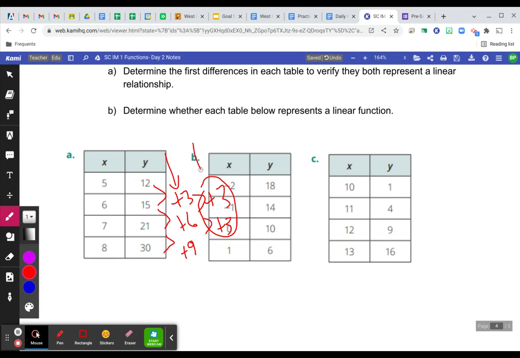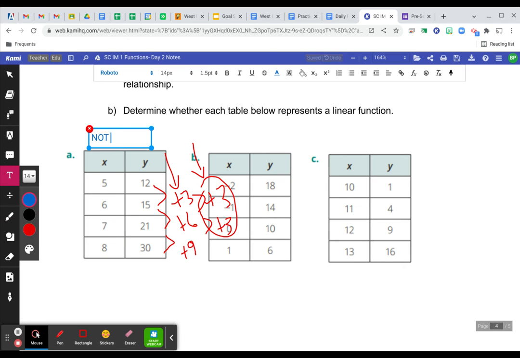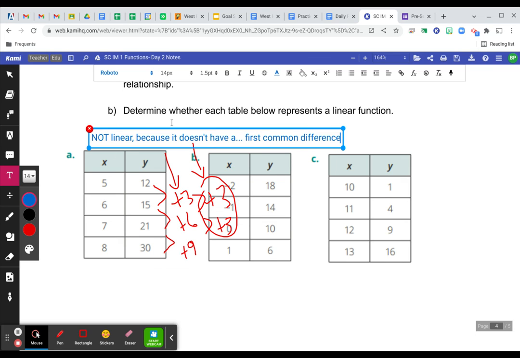And this one, the second difference is common. That's an IM2 thing. Hold off on that. Let's look at this one. So right here, we're going to say not linear because it doesn't have a first common difference, okay? So let's look at B.